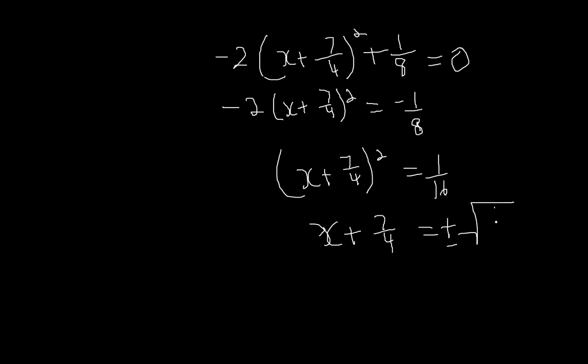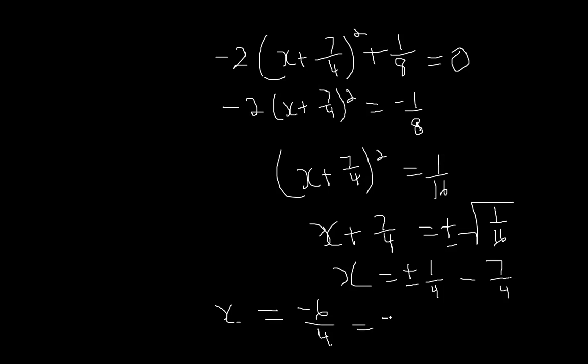Minus the square root of 1 over 8 is equal to x plus or minus a quarter, minus 7 on 4. X is equal to minus 6 on 4, which is minus 3 on 2.